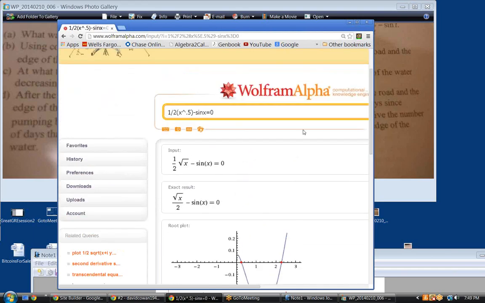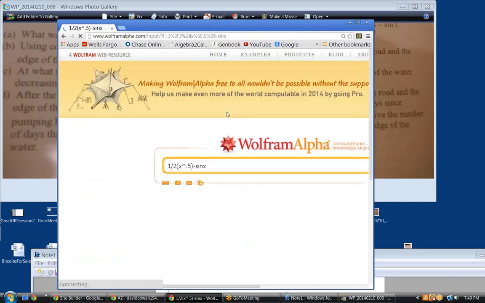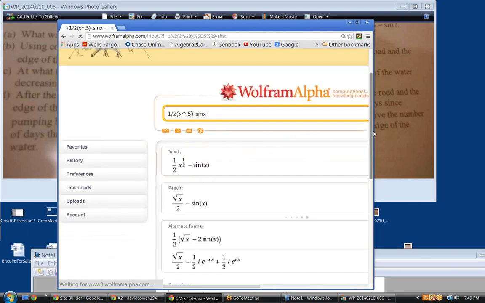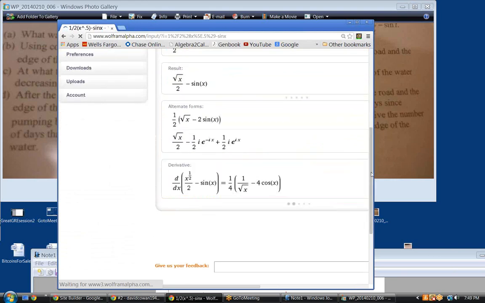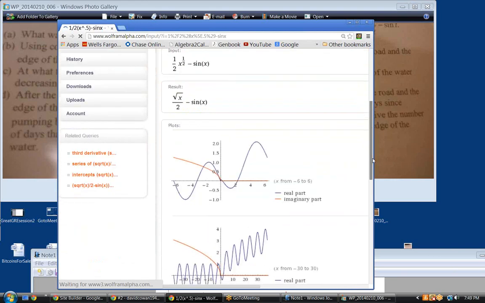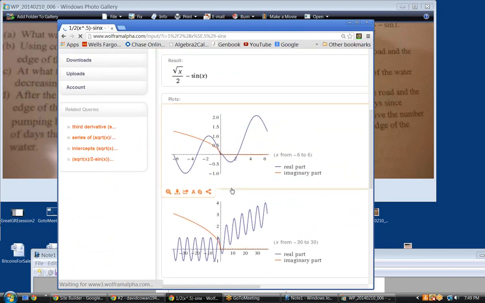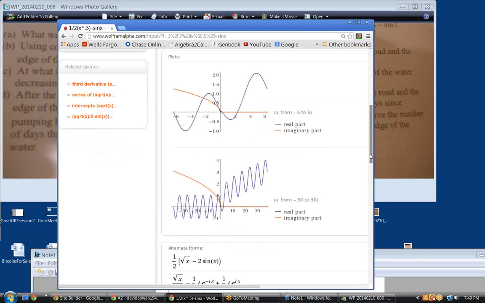If I plot just this function, not as an equation, here's the derivative function. Here's my curve. So that's equal to 0 at these 2 spots, right there and right there.